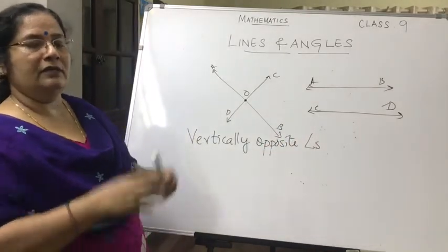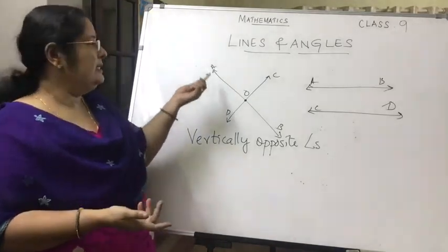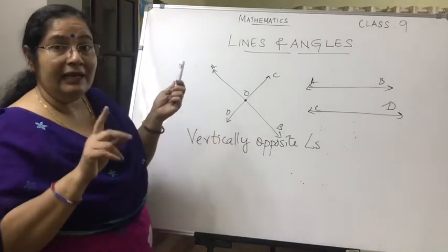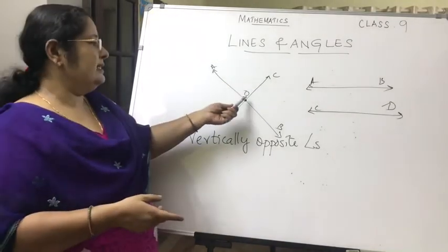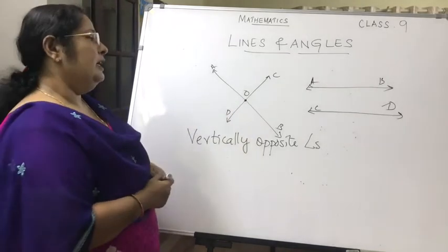Vertically opposite angles. Now let us see which are the vertically opposite angles in our diagram. AB and CD are intersecting lines, intersecting at the point O. What do you call this point O? Point of intersection.